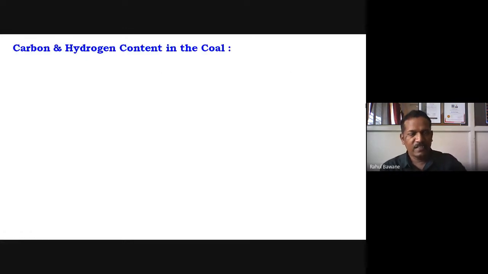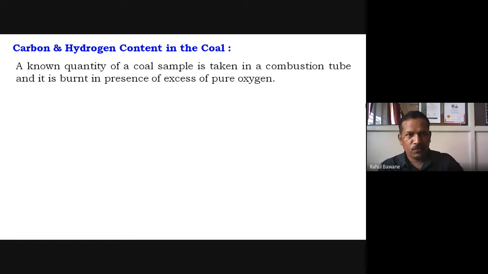So let's see how to find out the carbon and hydrogen content in a coal by using this ultimate analysis. To find out carbon and hydrogen, we have to take one known sample of coal, a known quantity. That means suppose you are taking a 10 gram coal sample. Like that, we must know the sample weight.